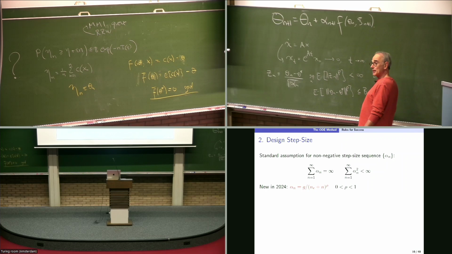So if this is summable, that's summable. And I could use Fubini's theorem, and I could say that the sum of this is finite, almost surely. So I get that this goes to 0 and it's actually summable.